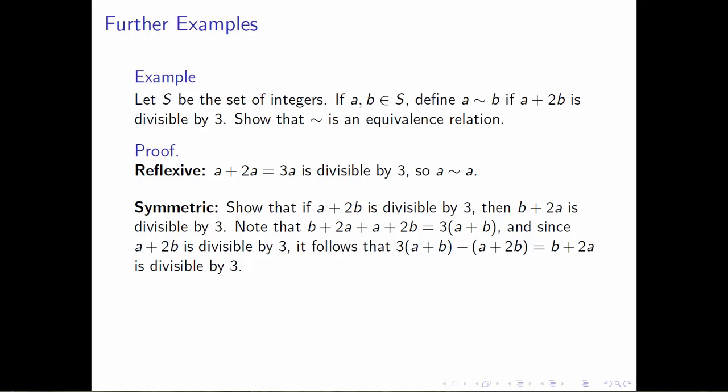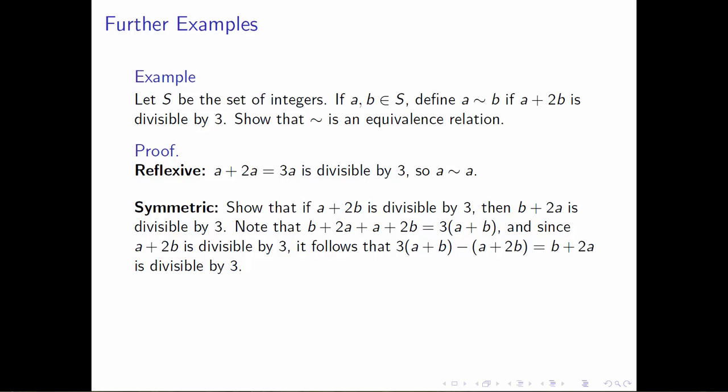It's divisible by 3. So when I take the difference of these two things, the quantity 3 times a plus b, and then I take and subtract off a plus 2b, what I'm left with is b plus 2a. That's the thing I wanted to know something about, and I've just argued that this is the difference of 2 multiples of 3. And so when I take 2 multiples of 3 and I subtract them, what I get is still a multiple of 3, and that's enough to show this symmetric property.